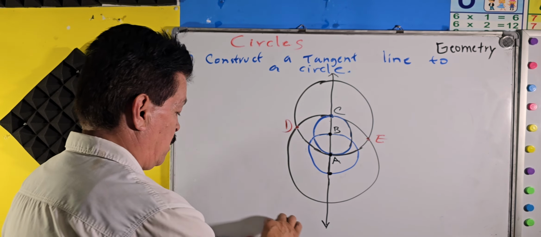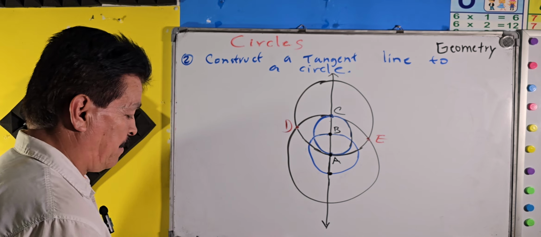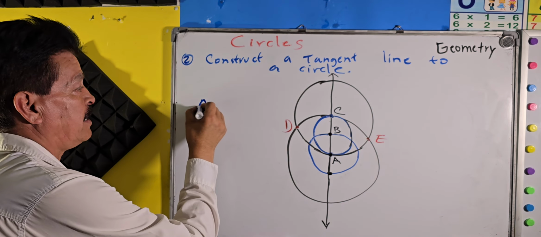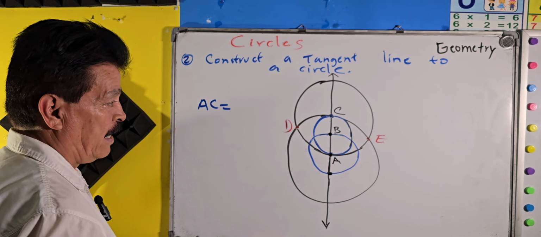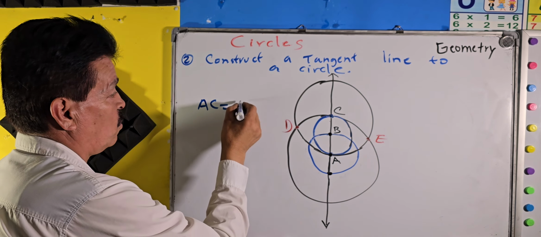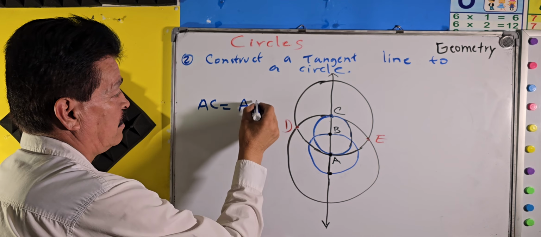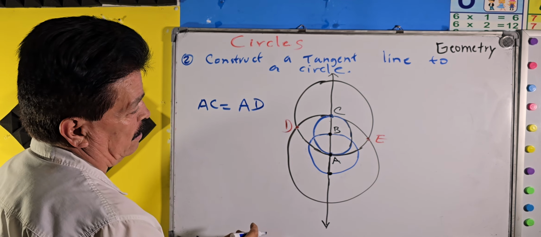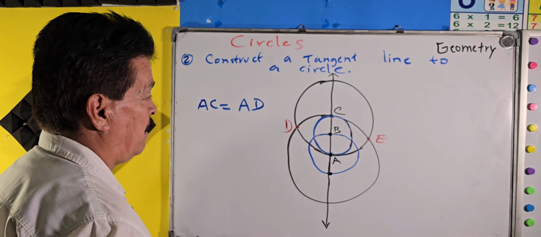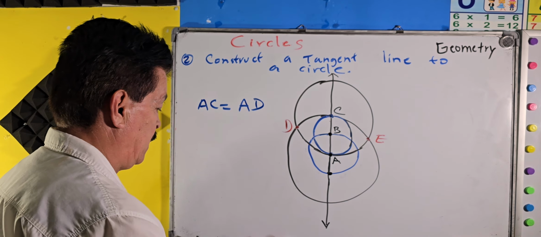here we have some equalities. Let me write here: AC equals AD.